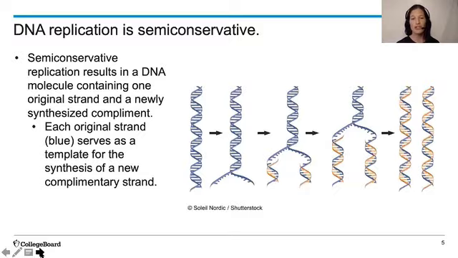In this figure, we started off with blue DNA. If you look all the way to the end, we have 2 copies, but in those copies, one strand is blue, one strand is orange, showing that in the new DNA, one is the template and one is a newly synthesized or complementary strand.